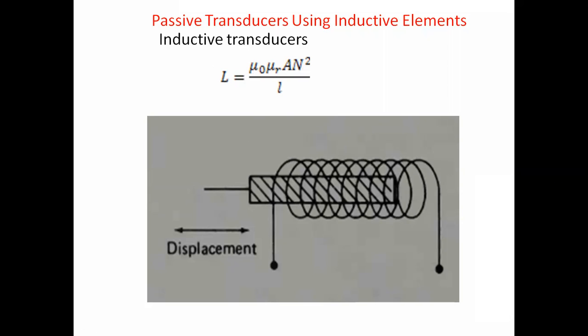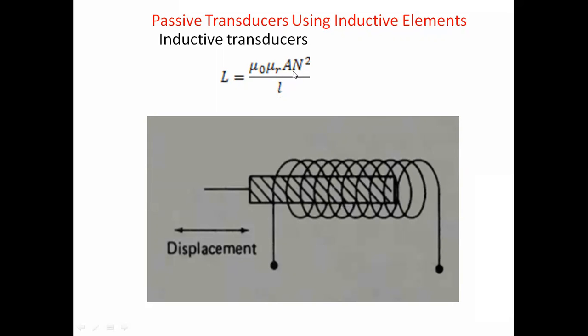To change the inductance of this coil, which parameters are required to change? If we consider that the length of the coil does not change, because if you change the length, the inductance value will change. But for a given wire, the length of the coil is constant, so it is not affected.